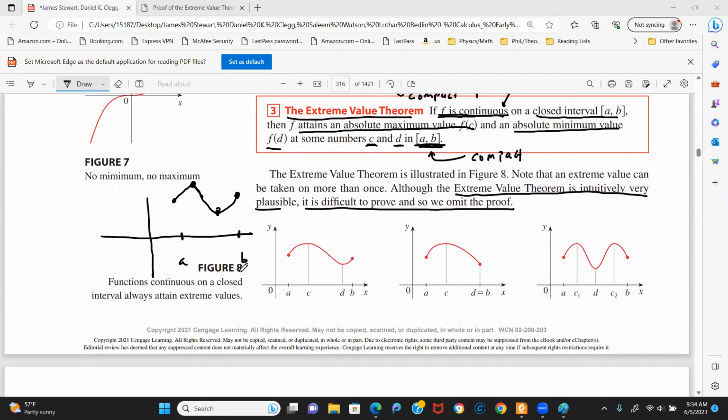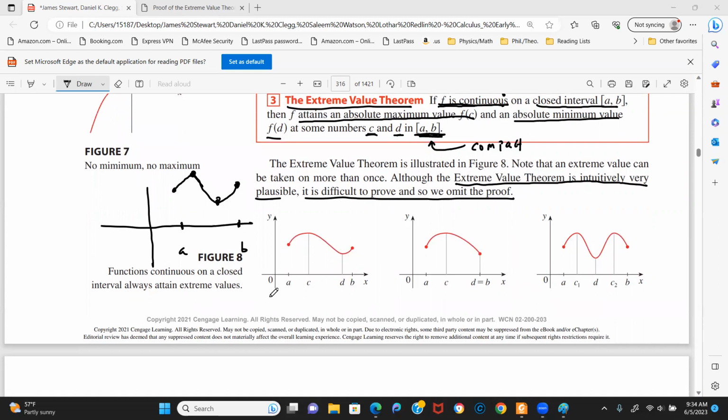Now let's look at a particular type of function, these differentiable functions, and ask whether or not the derivative can tell us anything about whether a function has local extrema, a local minimum or maximum.